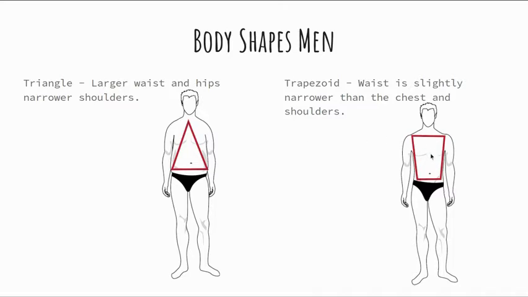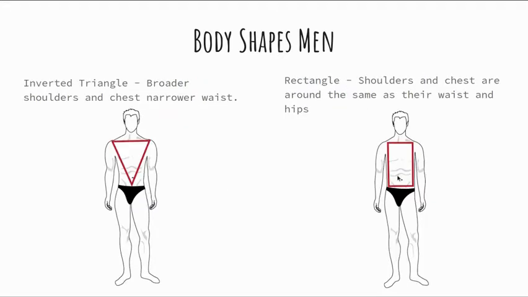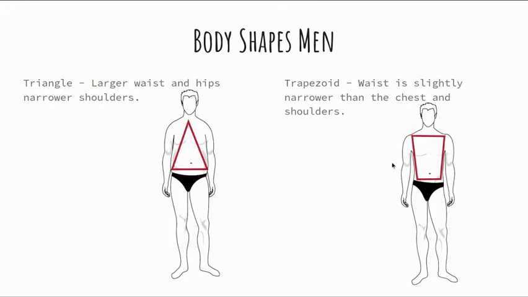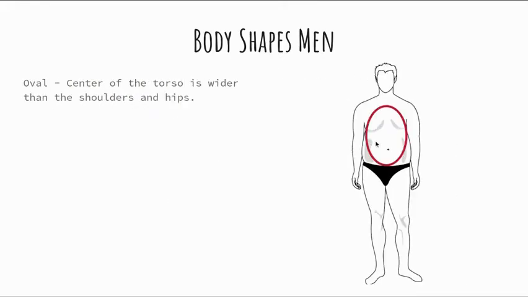And then the trapezoid, which is one of the ones that men have and women don't, is that your waist is slightly narrower than the chest and shoulders. So you get a little bit more going in compared to the rectangle, which is just straight down. It's a very slight difference between a rectangular and a trapezoid. And then you also have the oval, which is equivalent to about the pear or the apple for women. The center of the torso is wider than the shoulders and the hips.